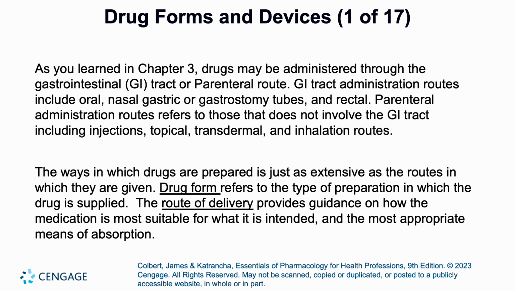So those are two terms I want you to be familiar with. Drug form refers to the type of preparation. For instance, you could take a medication orally. Sometimes you drink a liquid cough medicine, or sometimes you take a Tylenol, which is a pill. So the form of the drug is different, but the route of delivery is still oral. Those are two terms I want you to be able to differentiate between.